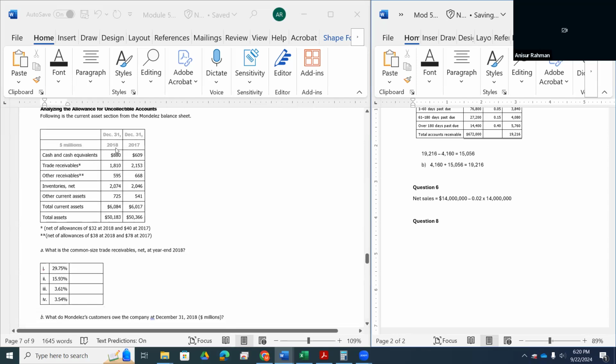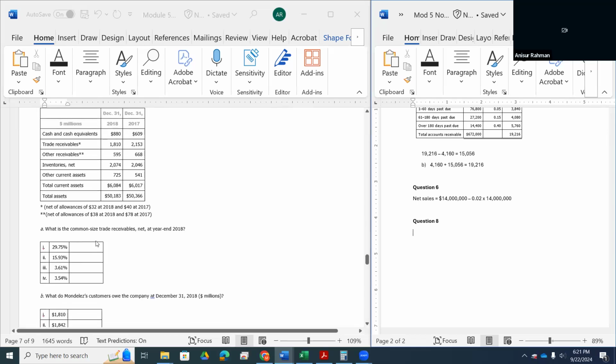December 31st, 2018, December 31st, 2017. So trade receivables, but we have a star mark here, which basically means it is net of allowances of $32 at 2018 and $40 at 2017. A similar thing for other receivables, we have net of allowances for these 2 years.